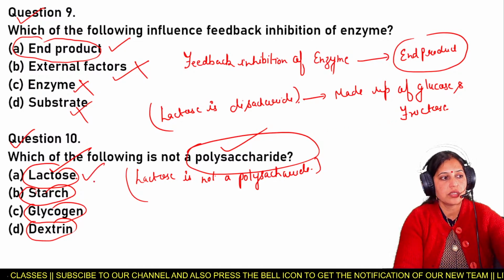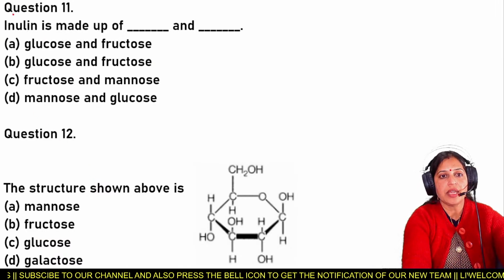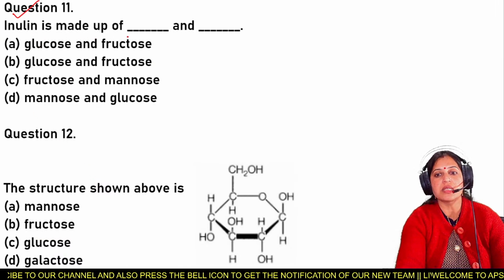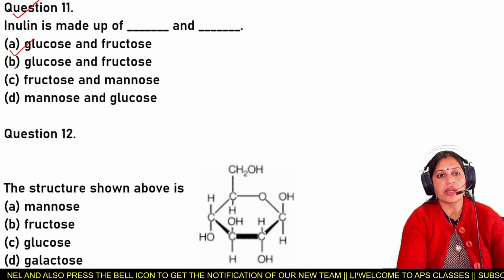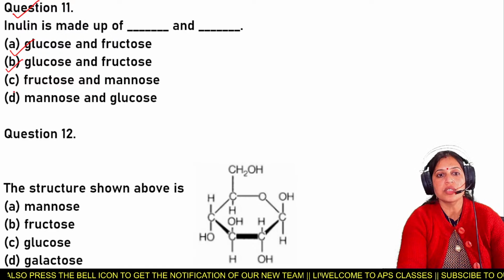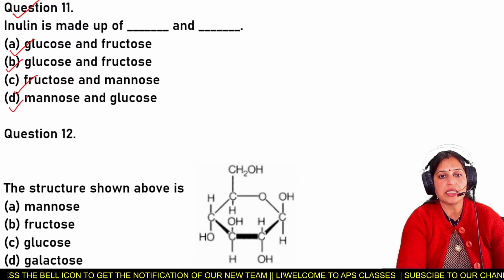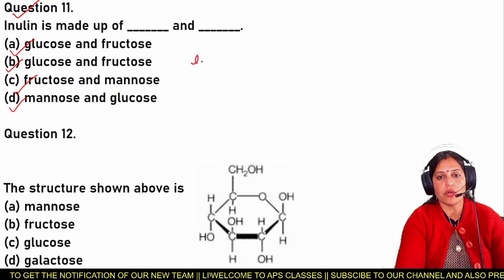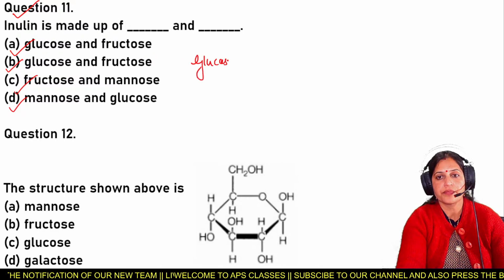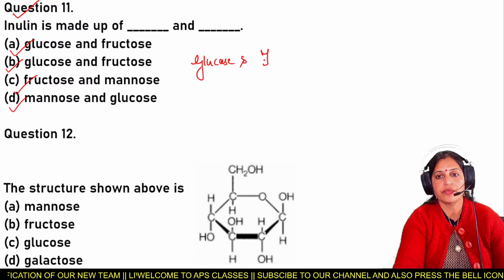Next is your question number 11, and your question number 11 is: insulin is made up of dash and dash. Options are glucose and fructose, fructose and mannose, and D, mannose and glucose. So insulin is made up of glucose and fructose.